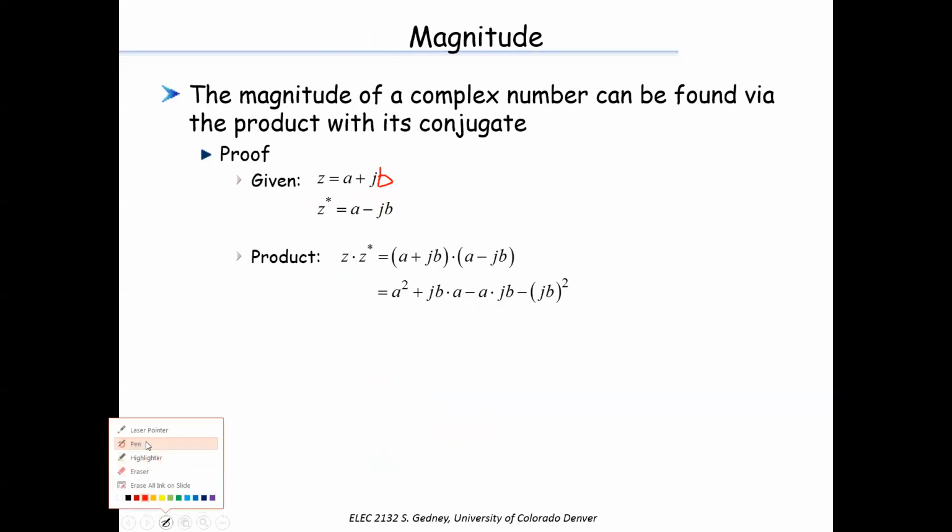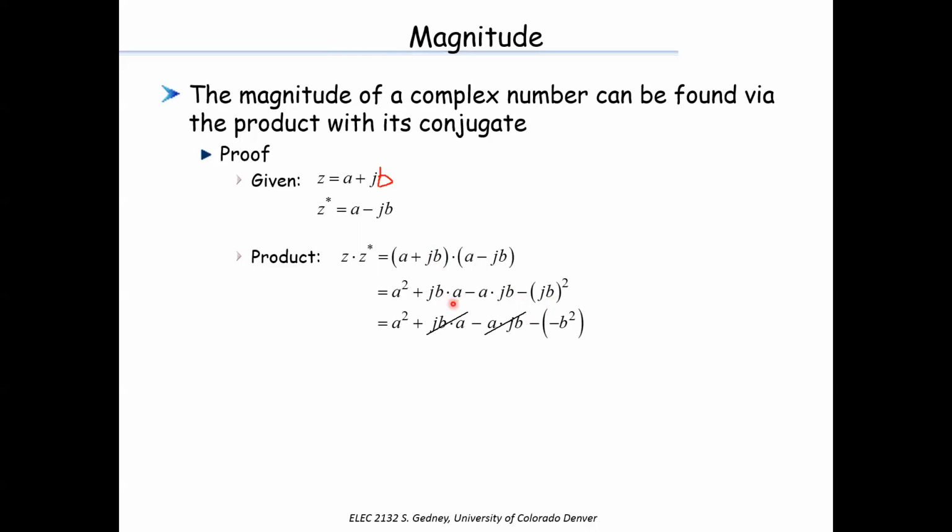In long form, a plus jb times a minus jb: a times a is a squared, plus jb times a is jba, a times minus jb gives minus ajb, and jb times minus jb gives minus j squared b squared. The jba and minus jba cancel. j squared is minus 1, so minus minus gives plus, and I get a squared plus b squared, which is the magnitude of z squared.